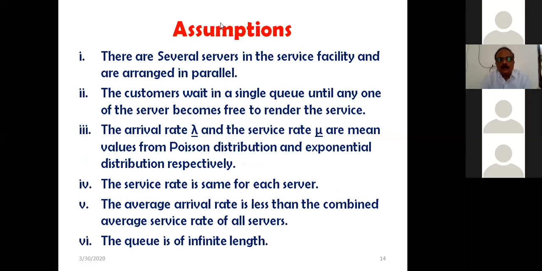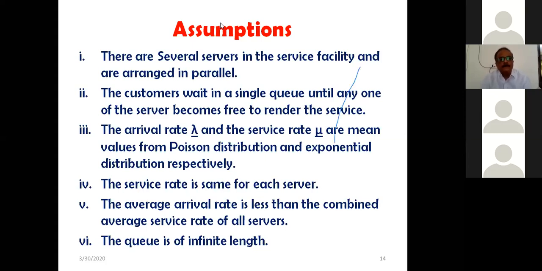There are several servers in the service facility arranged in parallel. The particular system consists of several servers who are arranged in parallel. Second, the customers wait in a single queue. The queue is always single, until any one of the servers becomes free to render the service.